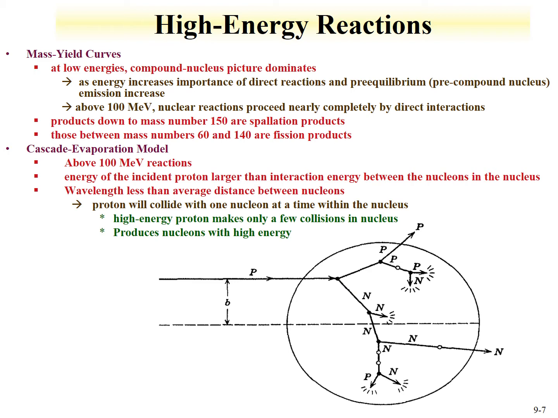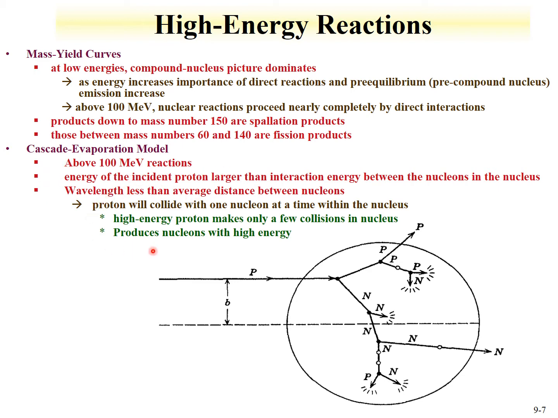Therefore, we see differences in behavior, such as the emission of many neutrons. You can imagine these neutron emissions are fundamentally routes for de-excitation of the excited product nucleus, where each neutron emission dissipates between 5 and 10 MeV of energy. The model for this is a cascade evaporation model, usually for reactions above 100 MeV.